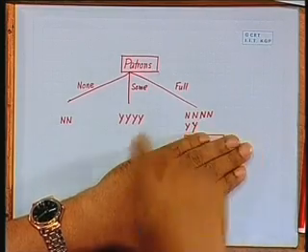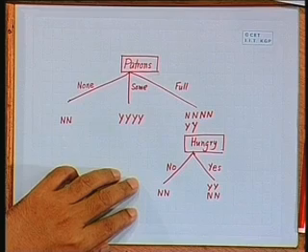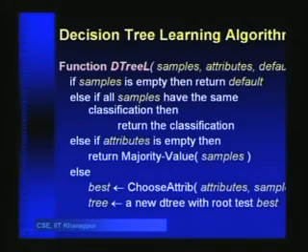Okay. Now, coming back to the code, if samples is empty, then we return default, if you do not have any more samples to classify. Else if all samples have the same classification like we had for the patrons case, then return that decision.